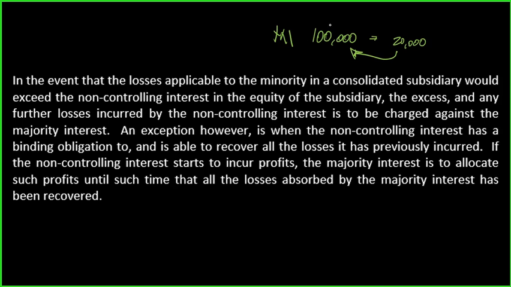But if your minority interest is 100,000, and you have a net loss of 500,000 wherein 25% is for the minority interest, that's a loss of 125,000 already. Patay. This one is only 100.